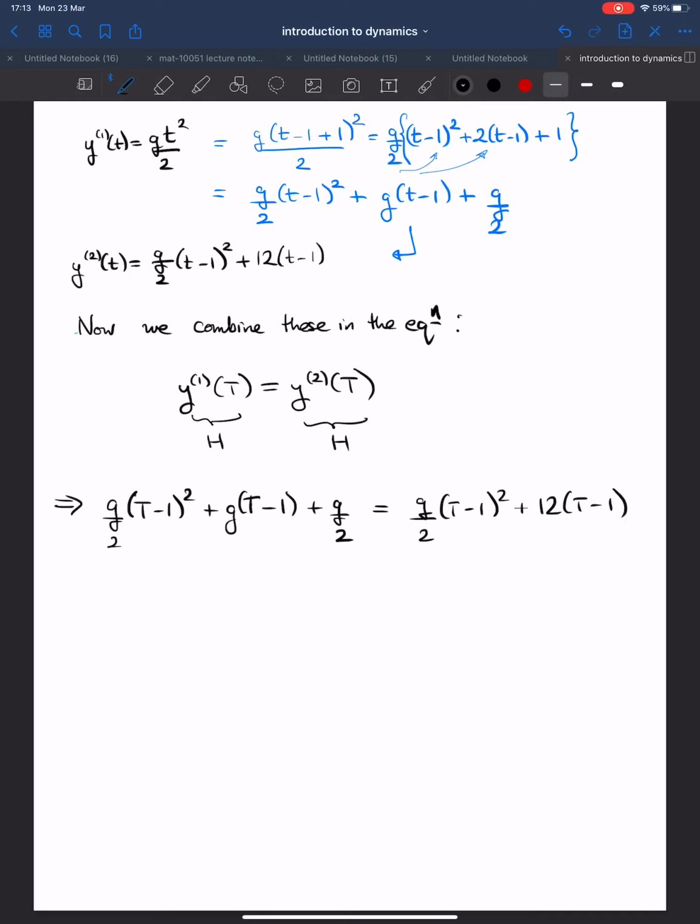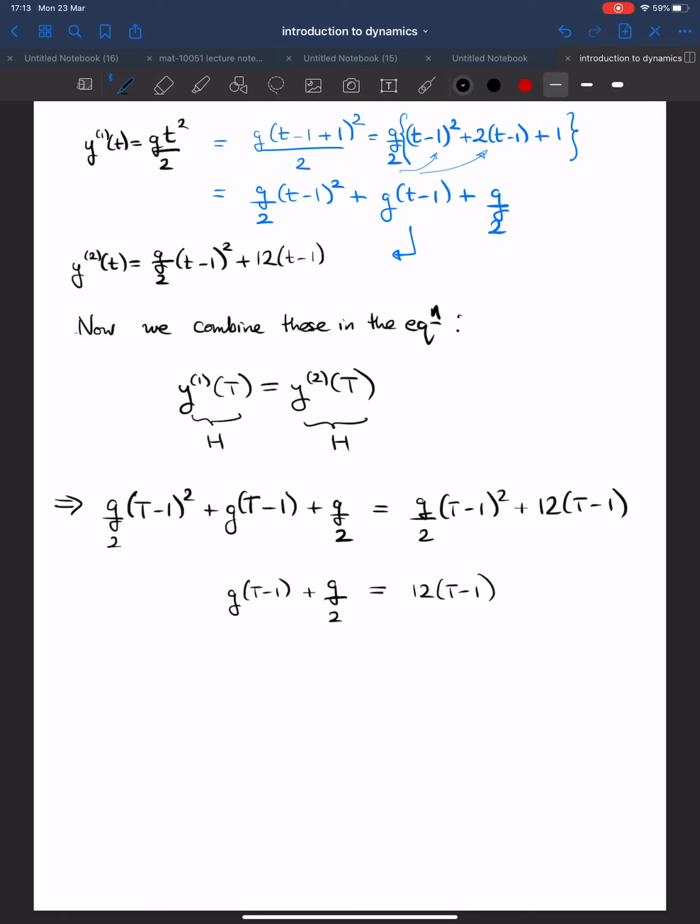Now, immediately, you can see this quadratic term just disappears, and what you're left with is g times (T minus 1 plus g over 2). And what else? 12(T minus 1).